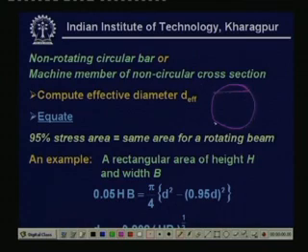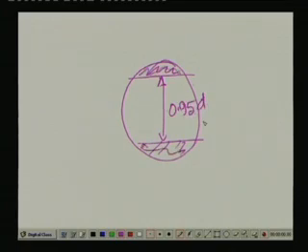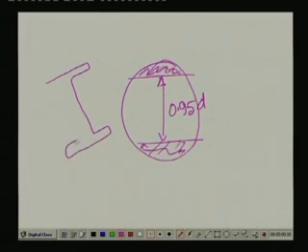If you draw two parallel chords separated by 0.95 D, then twice this area is actually the 95% stress area. I will draw it once again for your clarity: if you take out such areas, and this is 0.95 D, then twice this area is the 95% stress area.